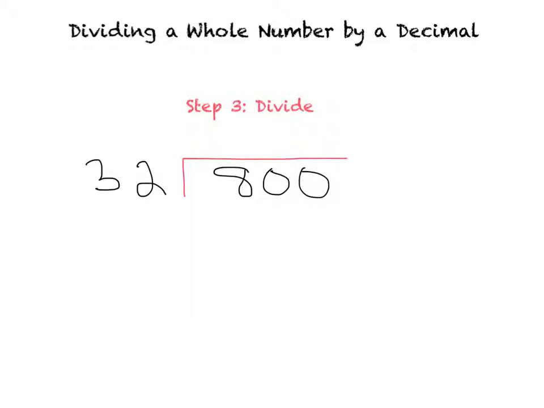So I know that 32 times 2 would be 64. So I know that will work. And I know 32 times 3 wouldn't work because if I estimate again, 30 times 3 is 90, and that's over 80. So I know the answer is 2. I'm going to put my 2 directly over my 0, and then I'm going to multiply. 2 times 32 is, as I said before, 64.